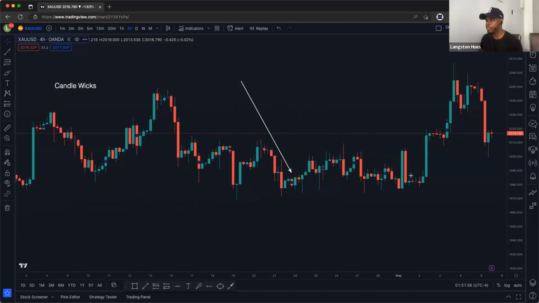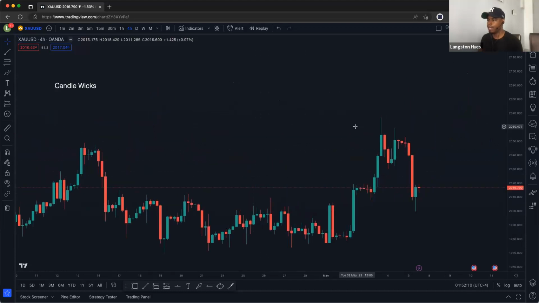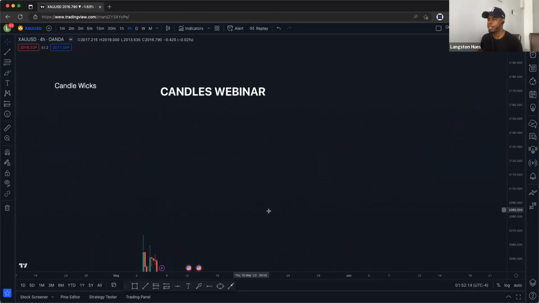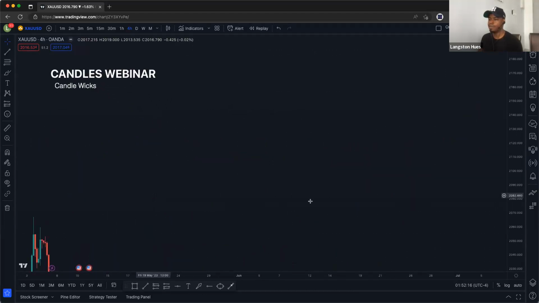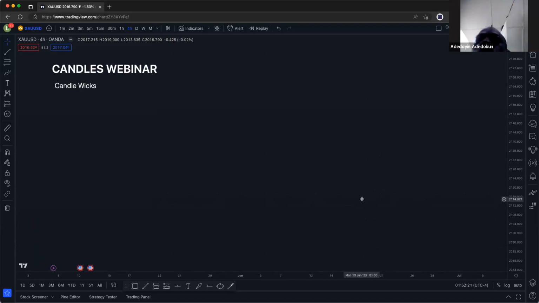This is price ranging here, but the majority of all these candles have a top and bottom wick. So that's the point we're looking to make when we talk about candles with wicks and candles with no wicks. The natural anatomy of a candle is that it's going to have a top and bottom wick. If you witness anything different, then it's not the norm.